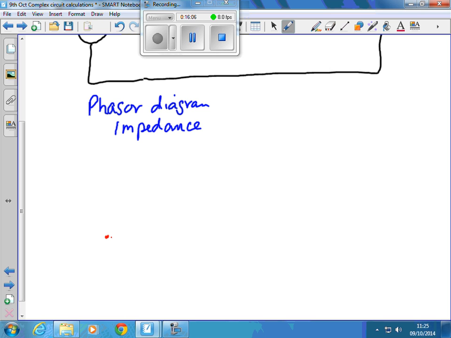So it would go left to right there. Then I've got 6 ohms of inductance. What's the phase angle associated with inductance? 90 degrees, positive.